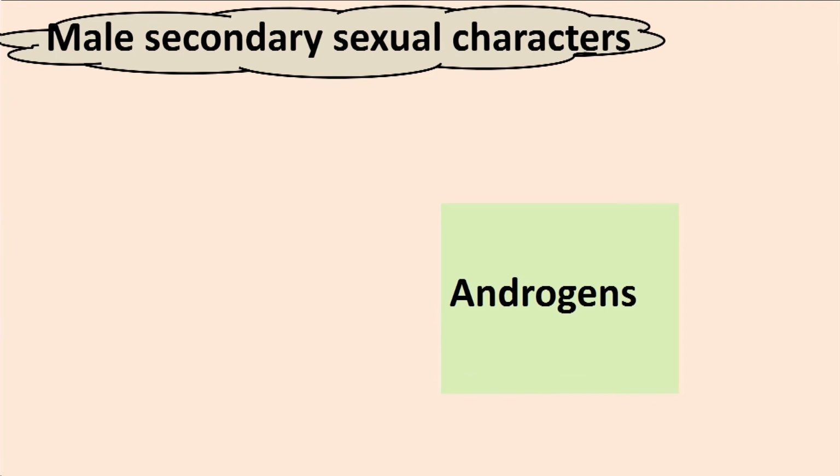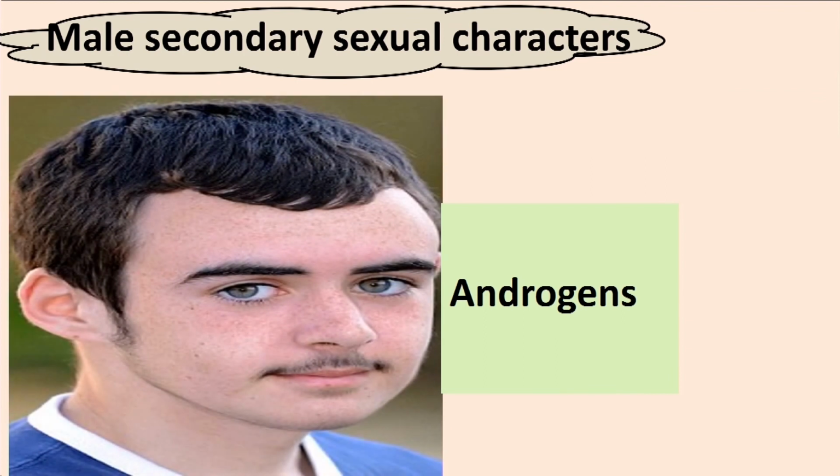What are the secondary sexual characters in males? Let us see. You can see the picture here. He has a moustache which is just coming out, and slight hair coming as a beard. All these are mainly because of androgens, a set of several hormones like testosterone.